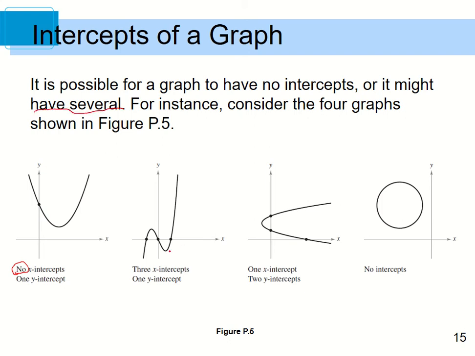For example, for this graph, there are 3 x-intercepts, 1, 2, 3, and only one y-intercept. For this one, how many y-intercepts? 2. And how many x-intercepts? 1. And for this graph, we can see clearly that it has no intercepts at all.